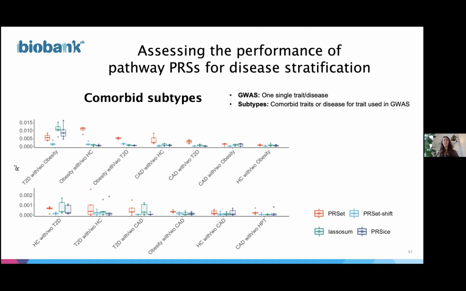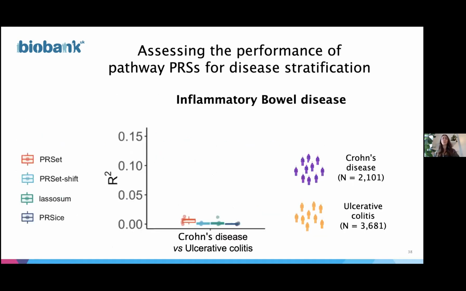So we tried to complicate this task a little bit more, and we tried to use real subtypes. So here we were trying to separate the two well-established subtypes of inflammatory bowel disease. So we were trying to separate Crohn's disease versus ulcerative colitis. And we were using the IBD case-control GWAS to calculate the polygenic scores.